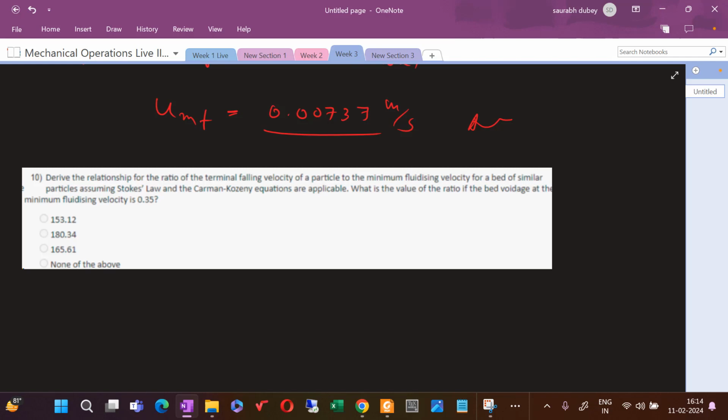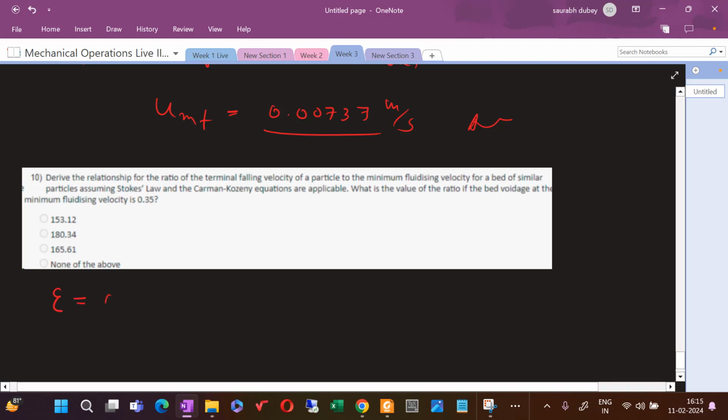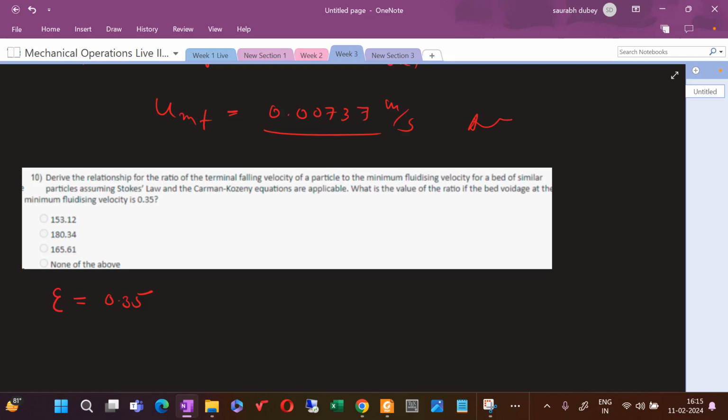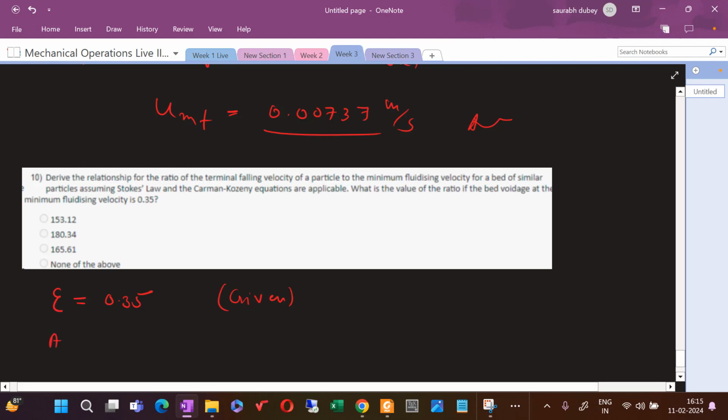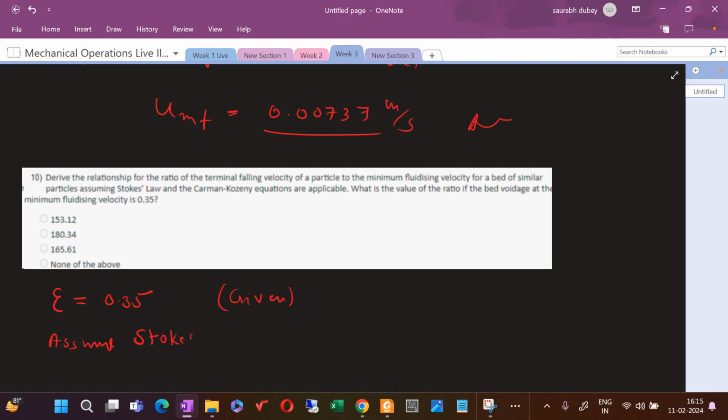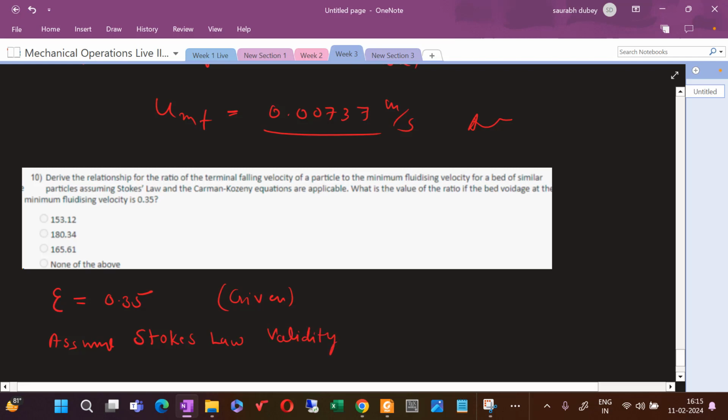So here data is given. You are given the value of voidage, which is 0.35, and you are also given to assume Stokes law validity and also assume the Carman-Kozeny equation.